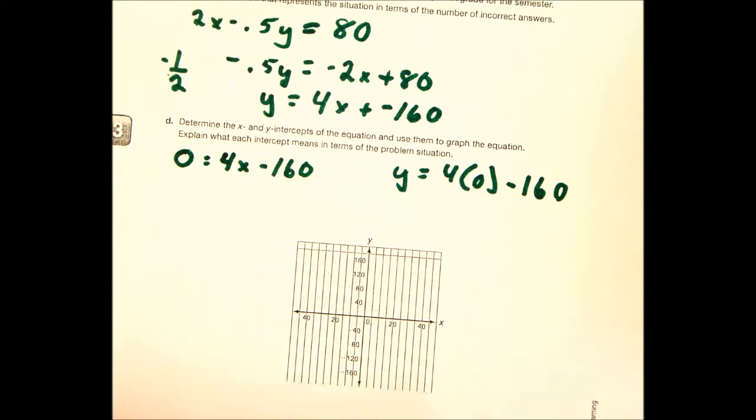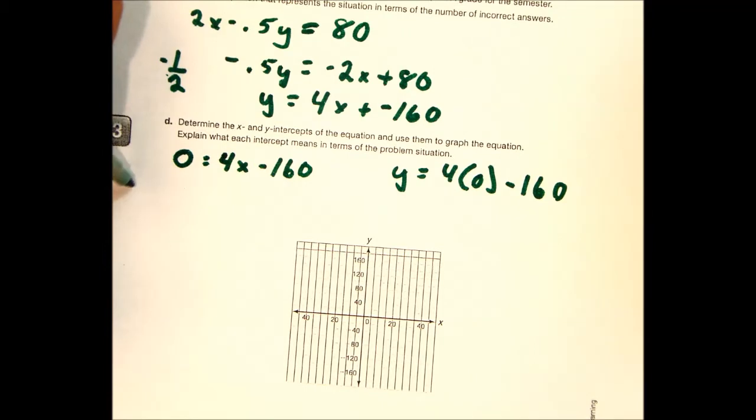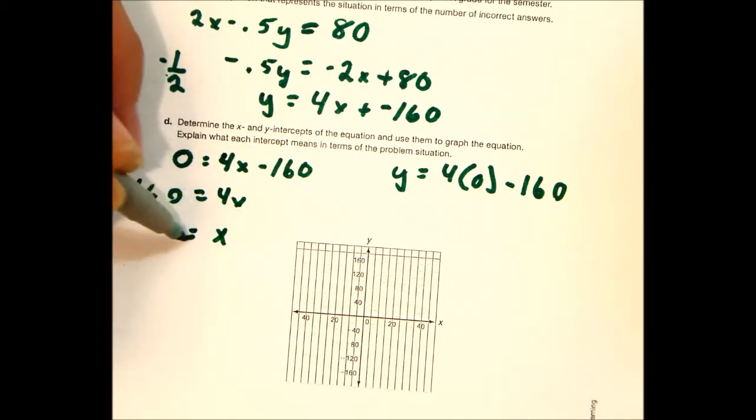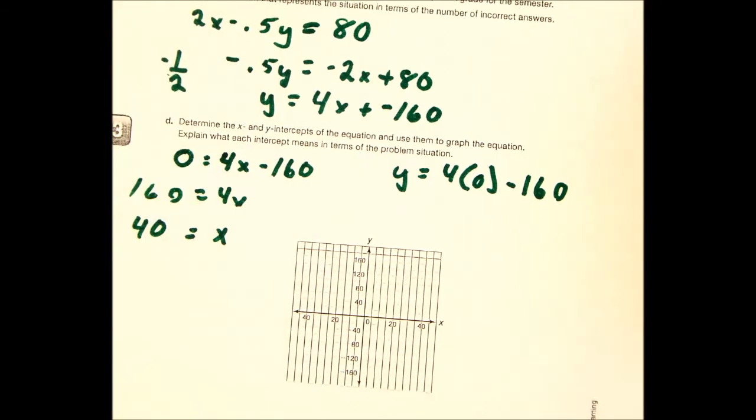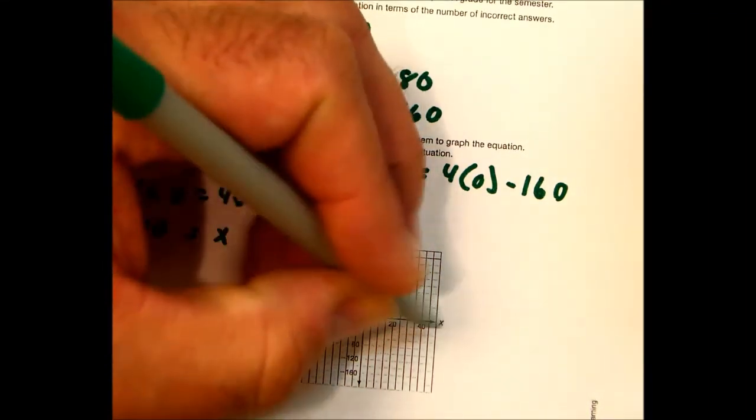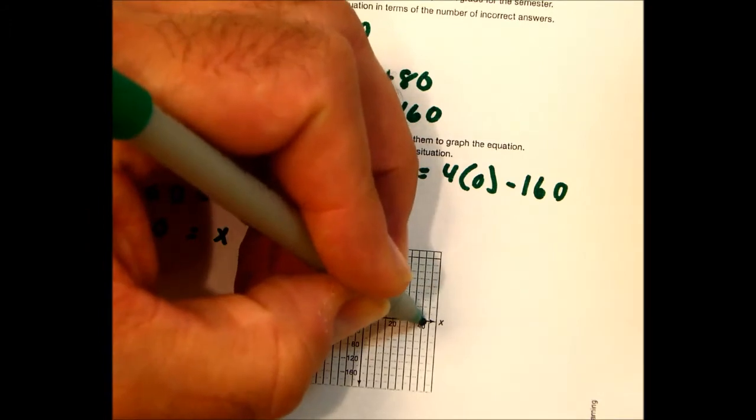And I solve for both. So first I move 160 over, equals 4x. X equals 40. Which means in order for me to get an 80 on this, I must get 40 right. So here's x equals 40.